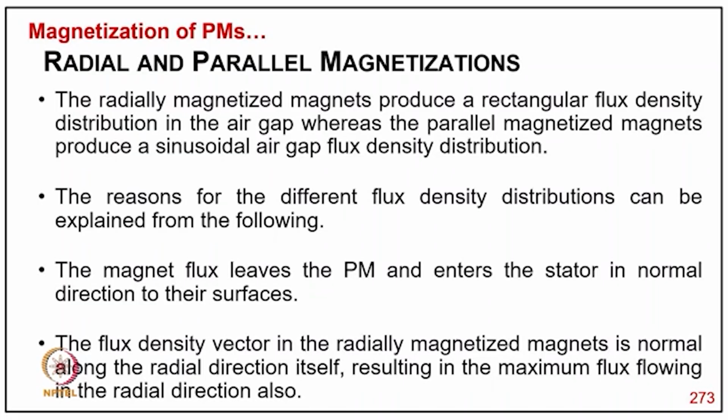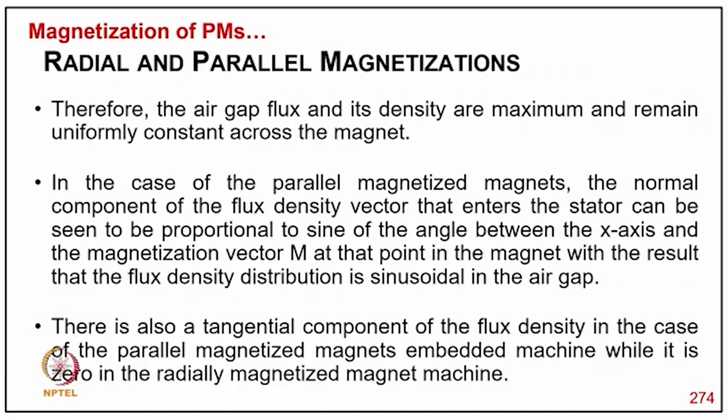The reason for this flux density distribution can be explained in the following. The magnet flux leaves the magnet and enters the stator in the normal direction to the air gap surface. So the flux density vector in radially magnetized magnets is normal, along the radial direction itself, resulting in the magnetic flux density flowing in the radial direction also. Therefore the air gap flux and its density are maximum and remain uniform and constant across the magnet.